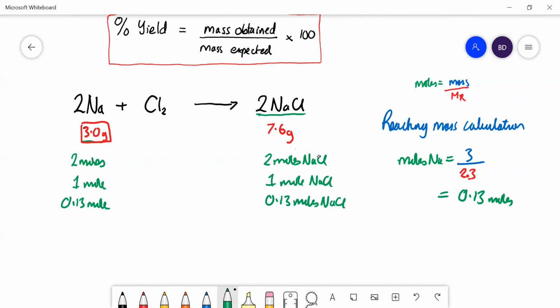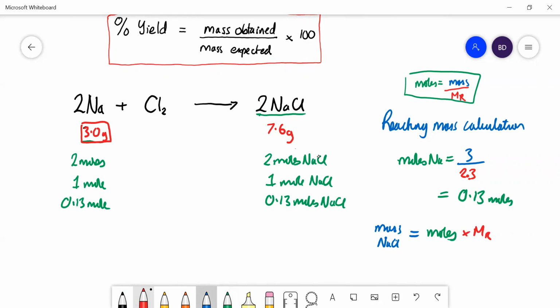Now, what's the mass of 0.13 moles of sodium chloride? Well, we've got to rearrange our equation up here. So the mass of sodium chloride is equal to the moles multiplied by the Mr of sodium chloride.